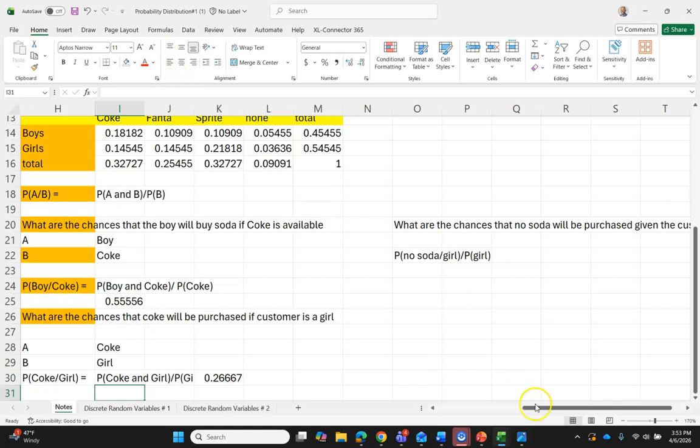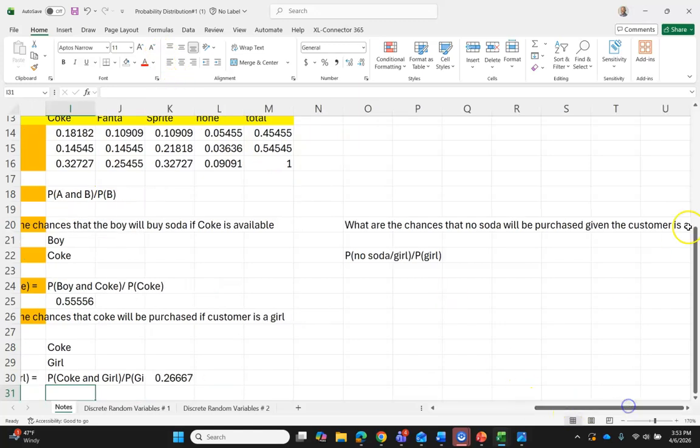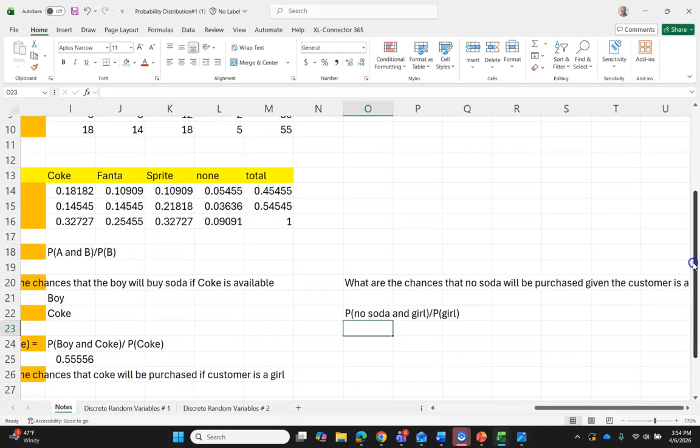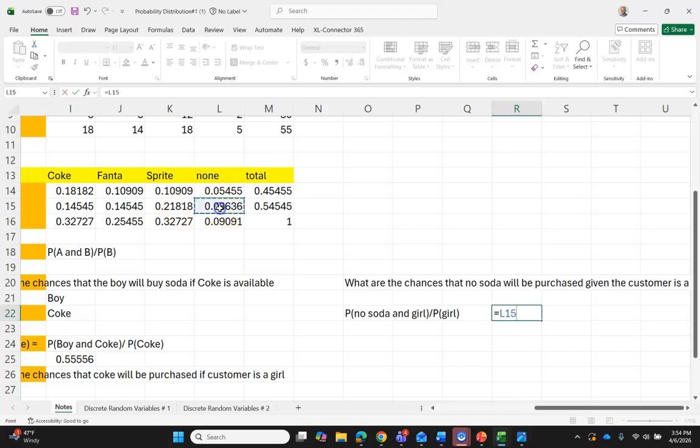What are the chances that no soda will be purchased given that the customer is a girl? It should be probability of no soda and a girl, and probability of a girl. So, no soda, we can put an equal sign here. The joint probability between none and a girl is this one divided by the condition, which is the probability of a girl, this one here, and enter.